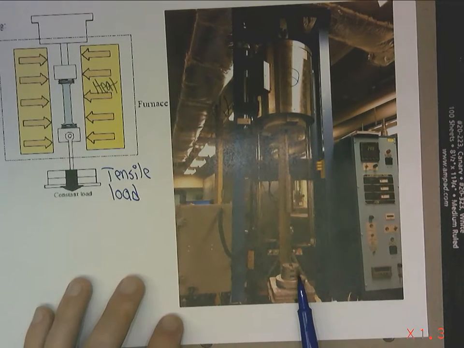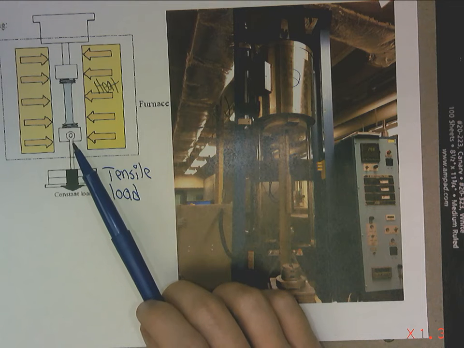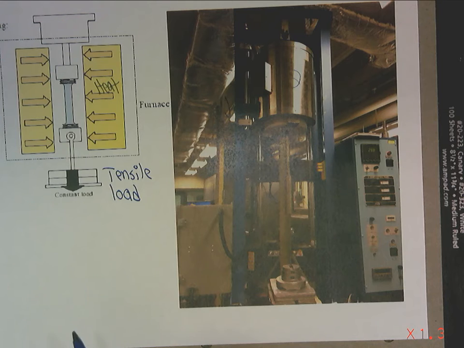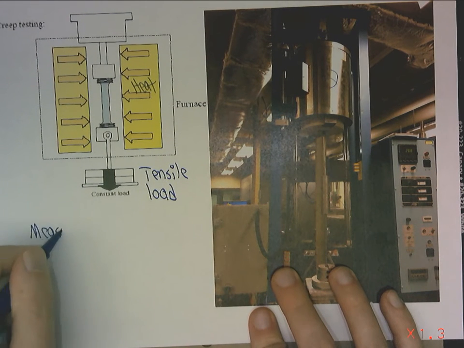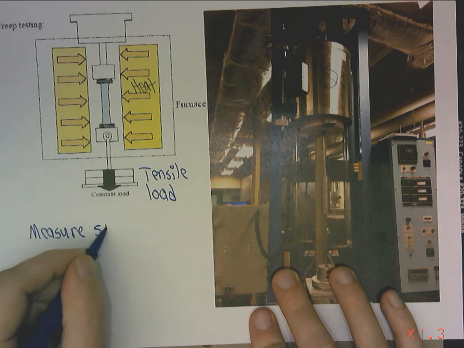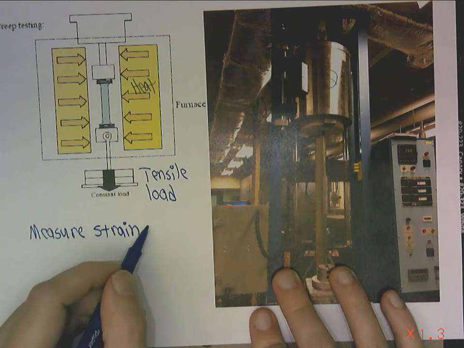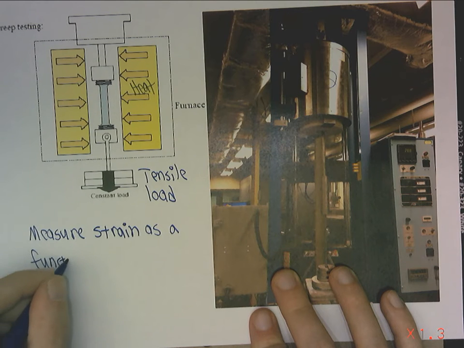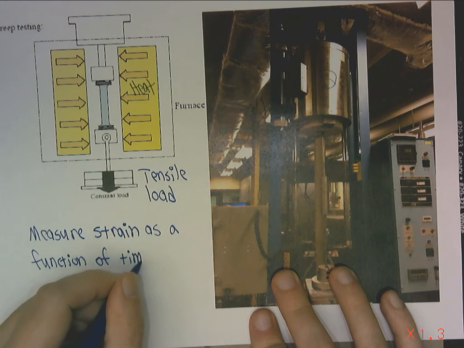We're going to hang weights off of a specimen, apply some heat in a furnace, and then we will watch it strain over time. So we will measure strain as a function of time.